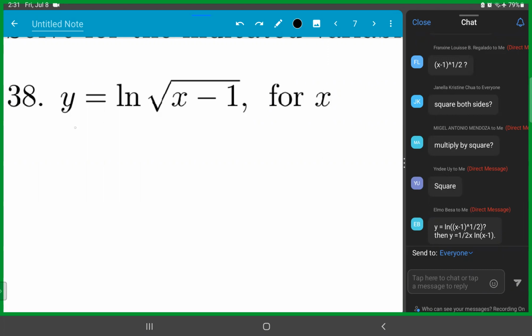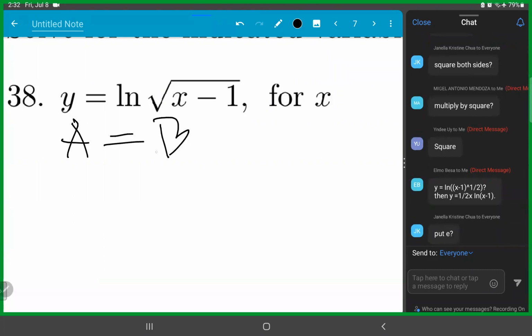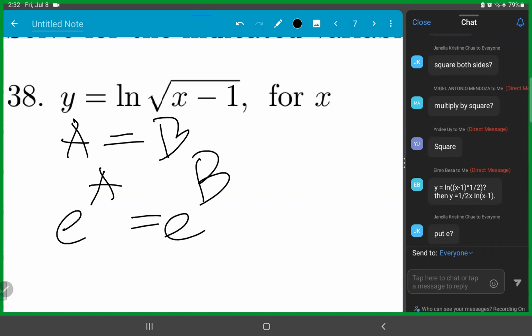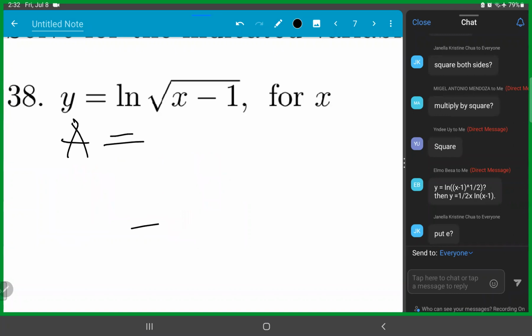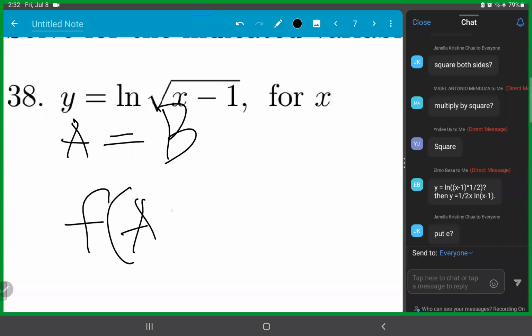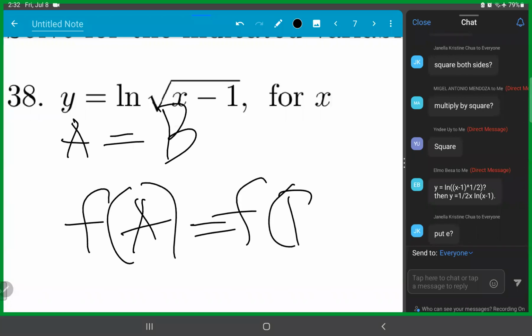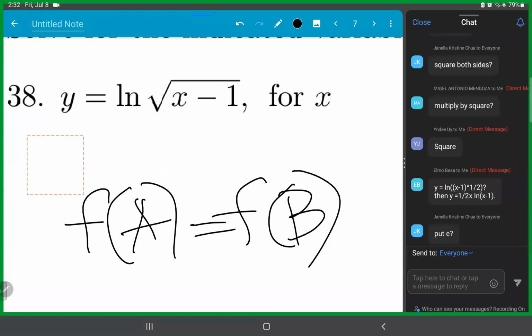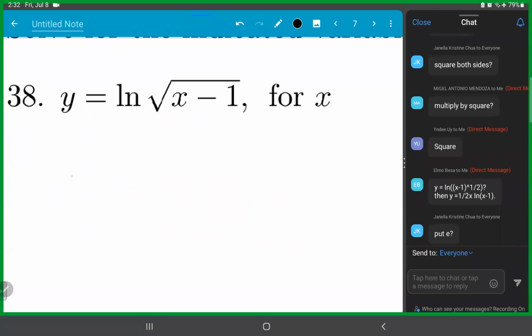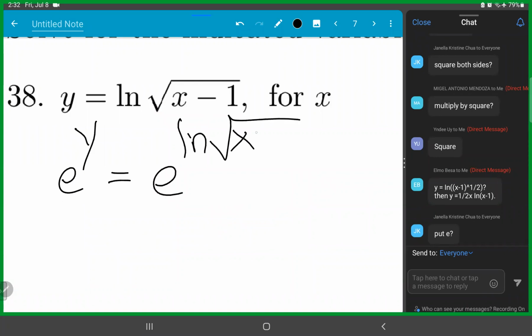So if the two are equal, if a equals b, then e to the a equals e to the b. Kahit ano pang function yan, as long as a equals b, then f of a equals f of b. So, e raised to y is the same as e raised to ln square root of x minus 1.